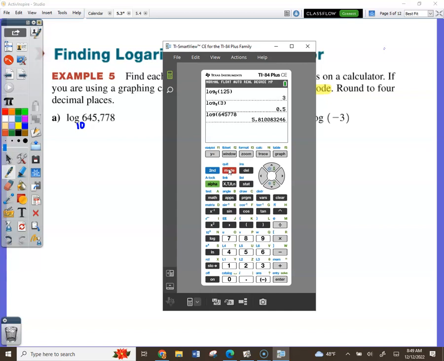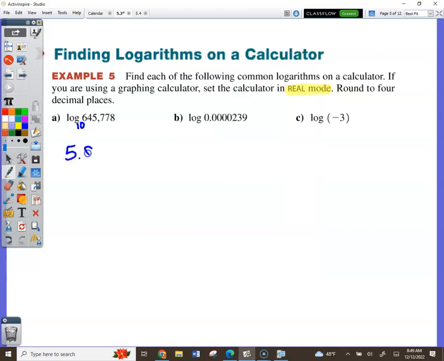I've had to go in and give a lot of partial credit with rounding errors. Please try to fine-tune your rounding skills. If it says go to 4, that means check the fifth. You don't look at anything else after that. So the fifth number here is 8, which would bump the fourth number up to 1. So this is 5.8101.